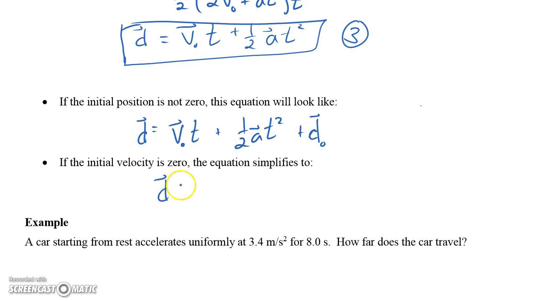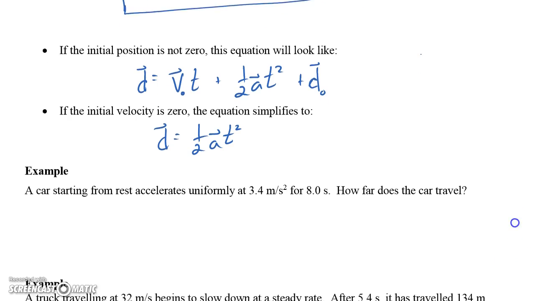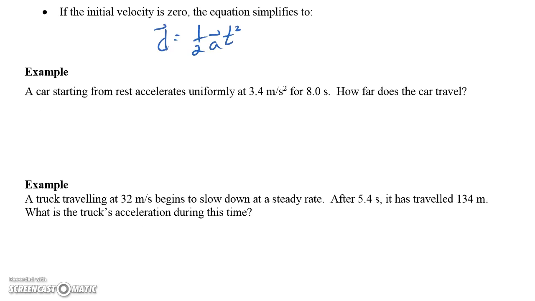So we get left with 1/2 at squared. Again, it's the same equation. We've just simplified it for an initial condition that might come up quite often. So let's use this equation in the first problem, and then we can go through the second one in class.